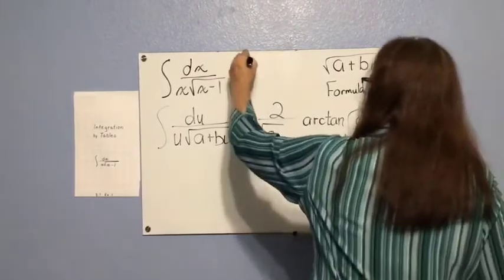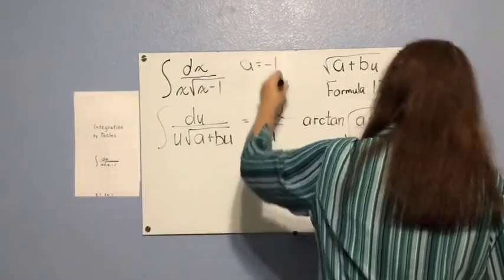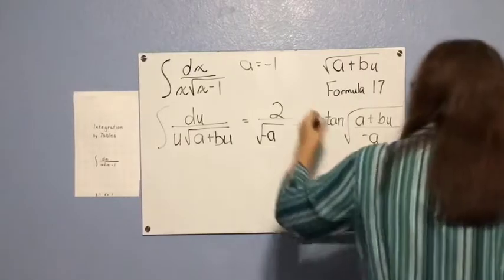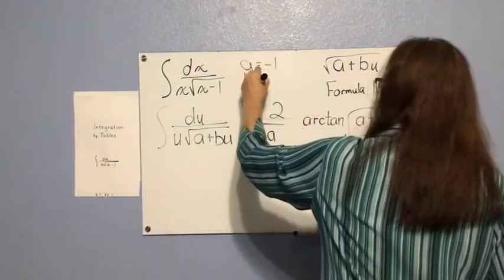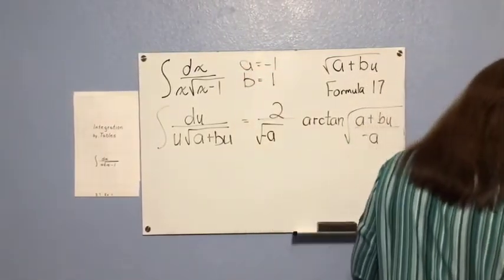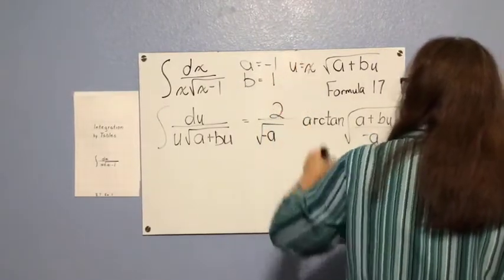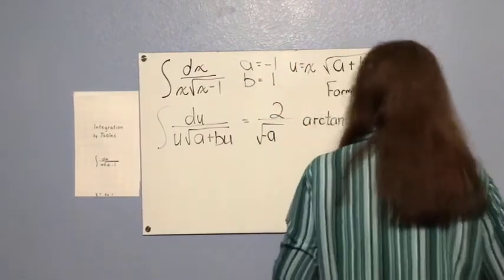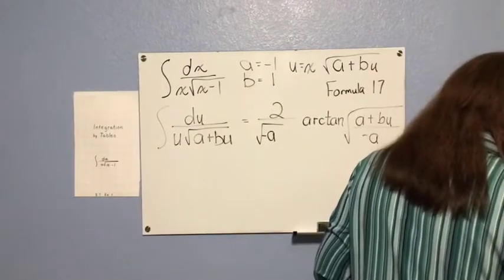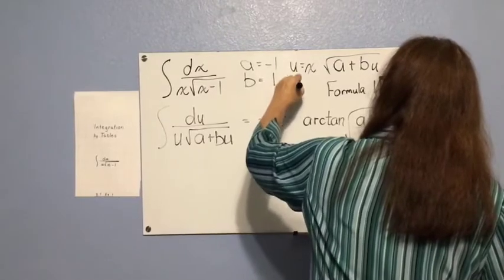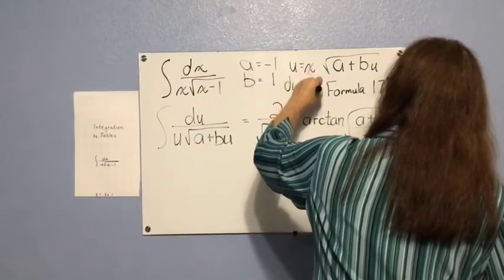So in this problem, a is equal to -1, b is equal to +1, and u is equal to x. Okay, and if u is x, then of course du is dx.